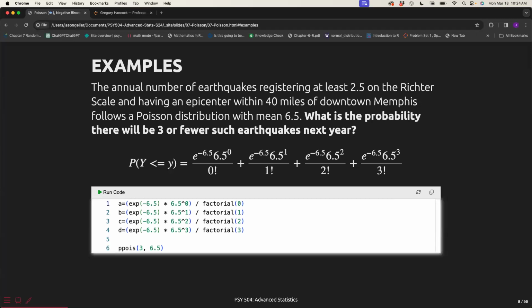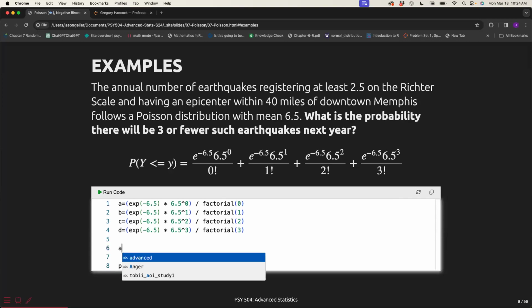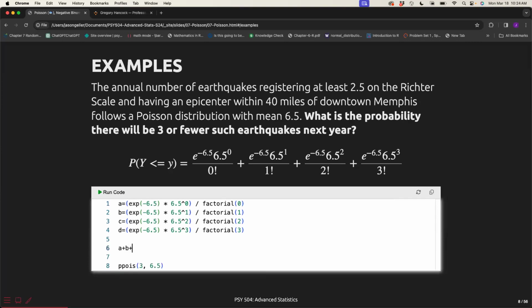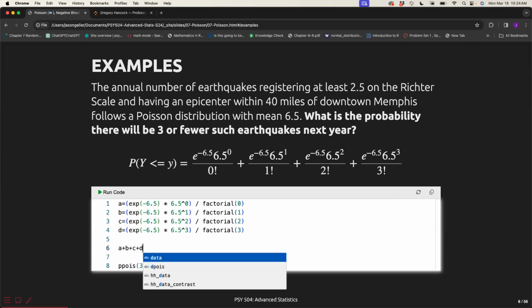Because we're looking at the cumulative probability, we just add all those together. I've highlighted that here, and shown that we can plug lambda and y into these equations, A, B, C, and D. We just add these up, and we should get the cumulative probability that there will be 3 or fewer such earthquakes.